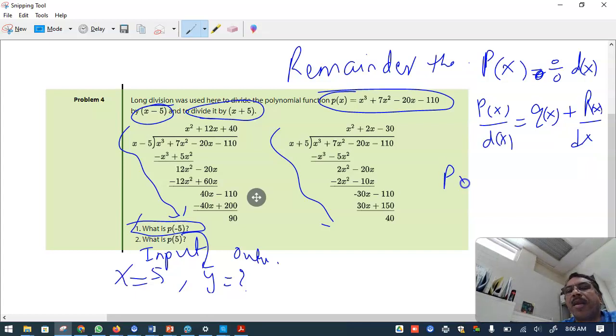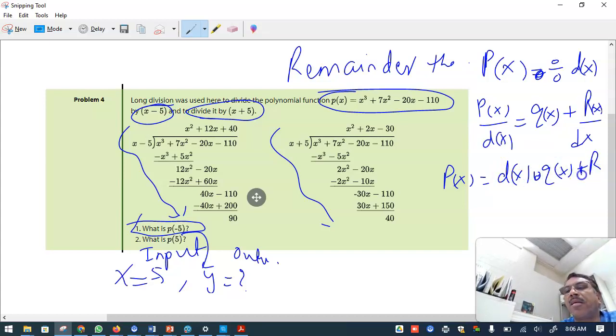Or you can also write p(x) equals the divisor times the quotient plus the remainder. So this is the remainder when p(x) is divided by d(x).